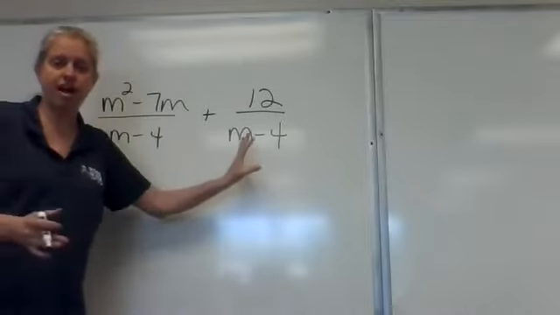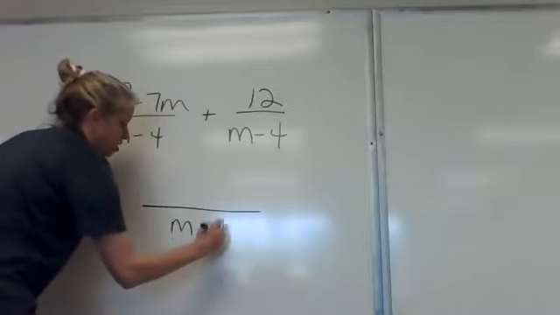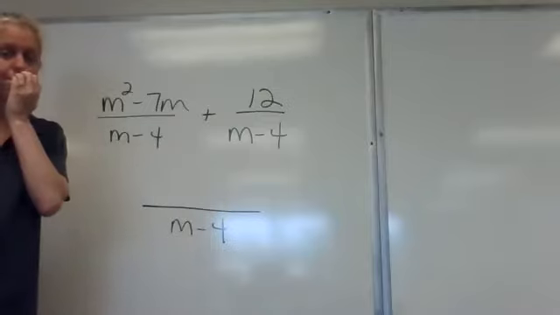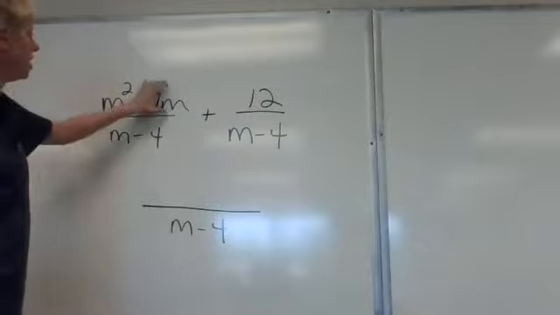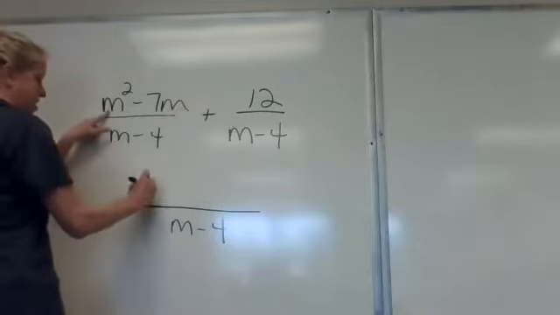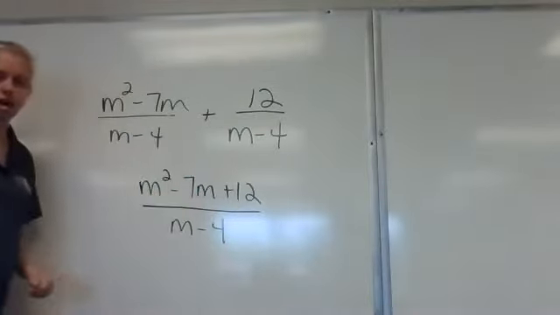We rewrote the fraction all over whatever the common denominator was. We turned these two fractions into one fraction because they have the same denominator. Now I'm just going to rewrite all my numerator over this. So I'm going to have m squared minus 7m plus 12.